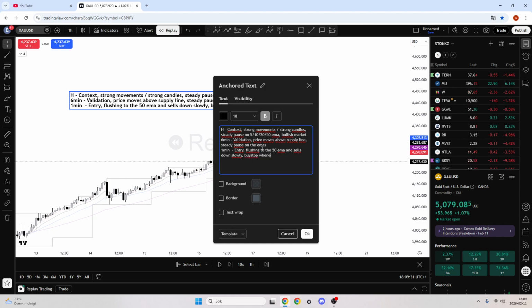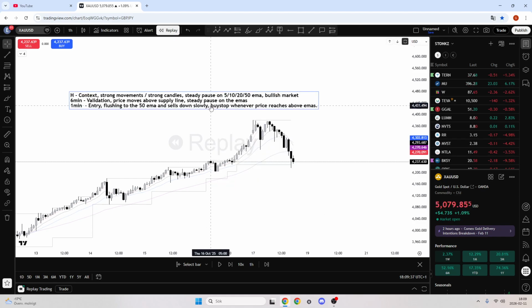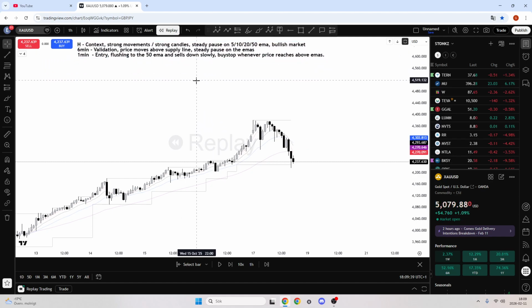Buy stop whenever price reaches above the EMAs. This is basically it. Very simple.